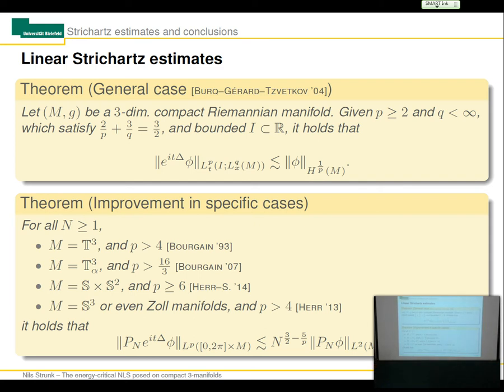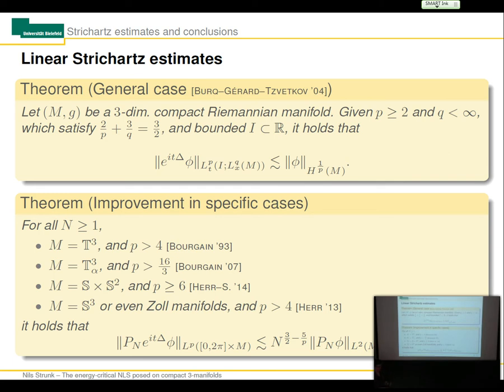And if we look at the range of p in the several cases, then we see that on the torus and on the Zoll manifolds, or S3, p can be bigger than 4. It's true for every p larger than 4. However, on the irrational torus, it's only 16 over 3. And even worse, on S1 cross S2, we only have the result that p is greater or equal to 6.